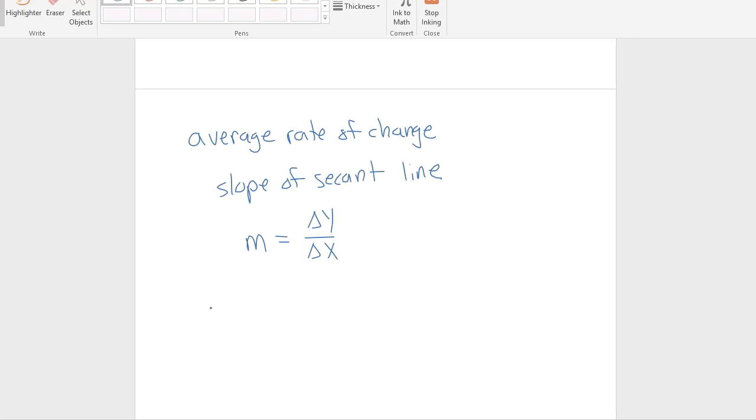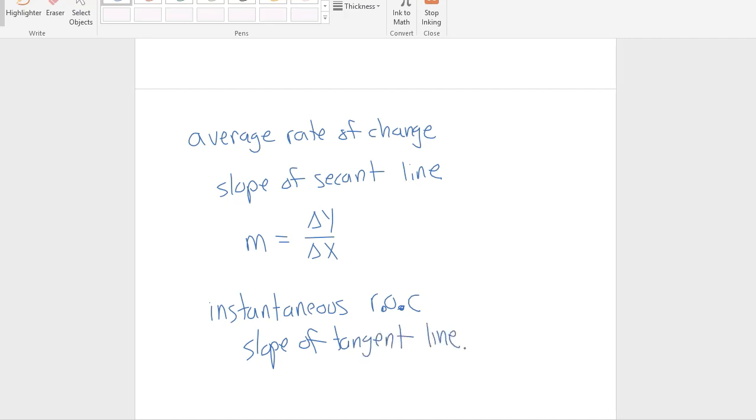Then we talked about the instantaneous rate of change. I'm going to get lazy. Rate of change, right? So the instantaneous rate of change, we called that the slope of the tangent line. So the tangent line basically being a line that touches the graph only at 1 point.